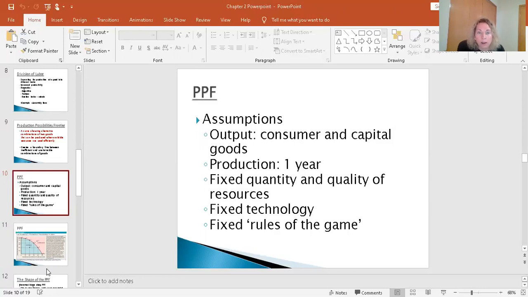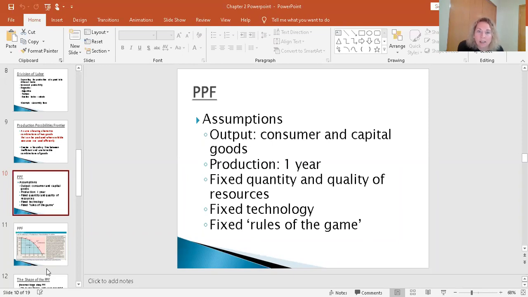Here are those sort of unrealistic assumptions that we have to make. And the first one is that we have a fixed quantity and quality of resources, that we start the year with the same number and quality of resources that we end with. And that's pretty unrealistic. We always have changes in resource supply.